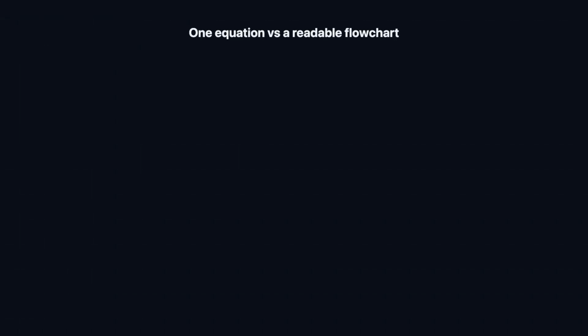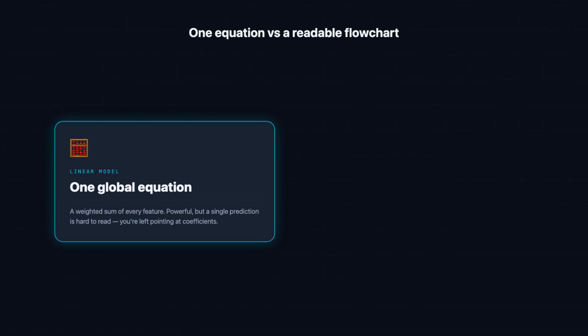Now, to appreciate a tree, it helps to hold it against a more familiar alternative first. Consider a linear model. It bundles everything into one global equation, a weighted sum of the features. Powerful, yes, but if someone asks why I made a call, you're stuck pointing at coefficients. There's no plain story you can tell about a single prediction.